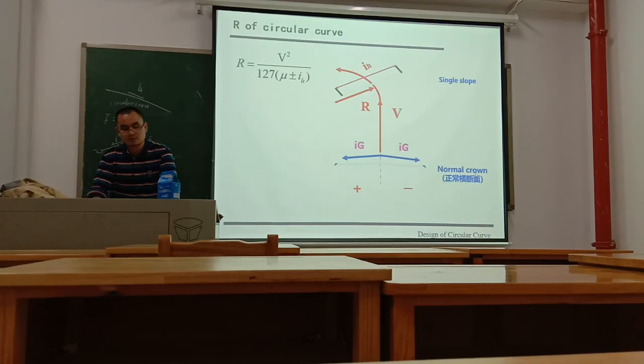On the normal ground, this way and this way both have the same cross slope on two way. This is on single way, single slope, IH. This is on straight line. This is on circular path.